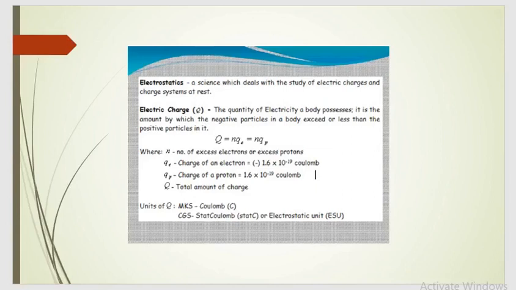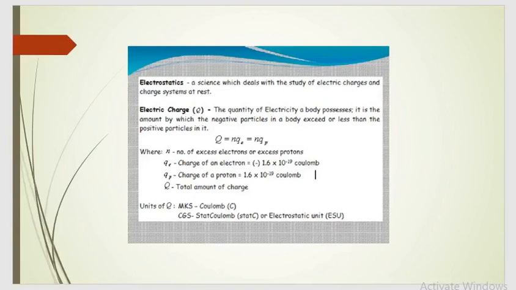Current electricity plays a major role in our day-to-day life. It is produced by moving charges. Now, the first question that occurs: what is electric charge? It is the quantity of electricity a body possesses.